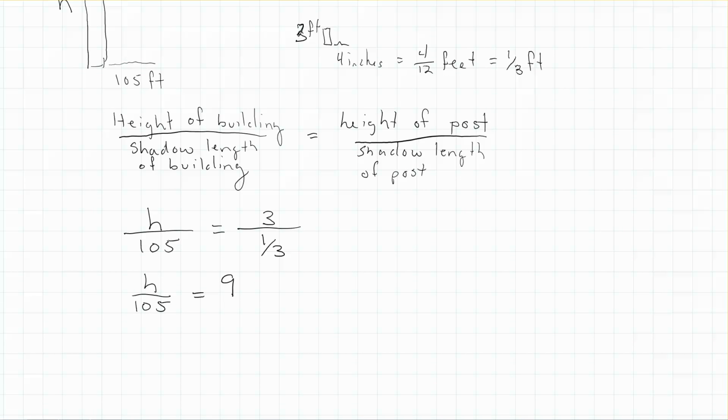Then to solve this, multiplying both sides by 9, you'd have h equals 105 times 9. Multiplying this out, you get h is equal to 945 feet. And again, remember to put units on it.